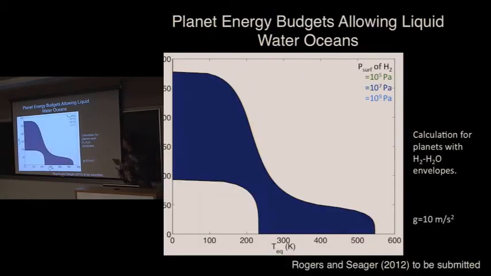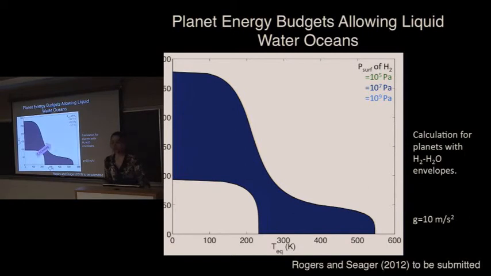For an example with a surface pressure of hydrogen of about 100 times the Earth's atmospheric pressure, so 10 to the 7 pascals, shaded in blue are the combinations of intrinsic temperature on the y-axis and equilibrium temperature on the x-axis that allow solutions for the pressure temperature envelope, for a sample choice of surface gravity of 10 meters per second squared.